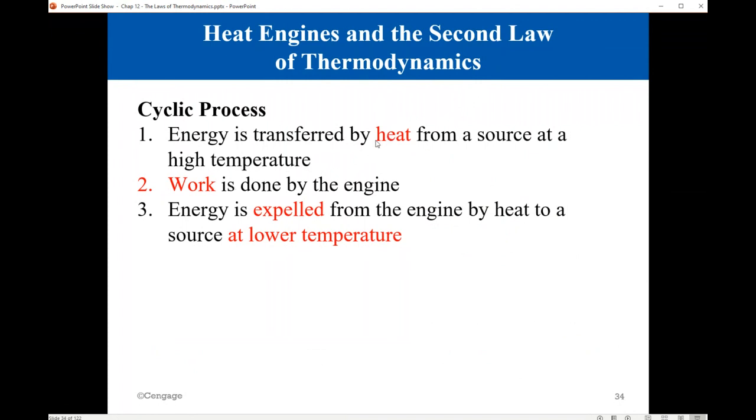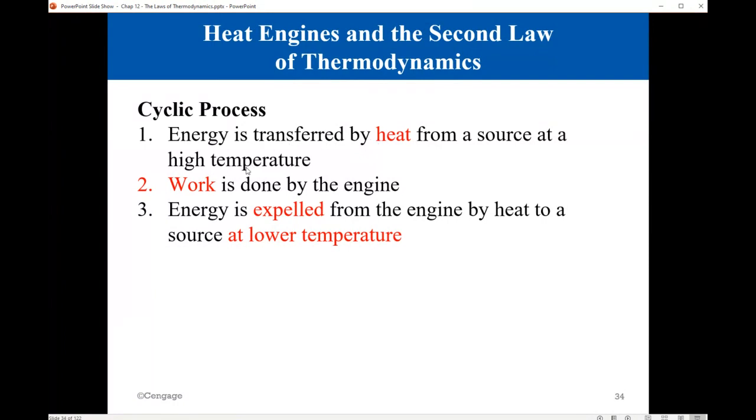Part of this heat is used to do work, and the other part is expelled to the surroundings, which is at a lower temperature than the original heat source. For example, in our cars, by burning gasoline in the engine, that is the source of the heat.